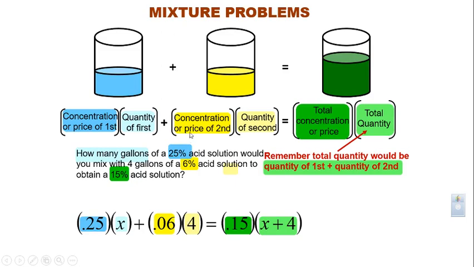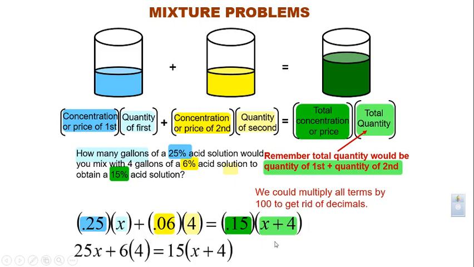So you multiply 0.06 by 4. And then that will tell you the amount of pure substance in the first mixture plus the amount of pure substance in the second mixture. And that should be the amount of pure substance in the combined mixture, which is 15% concentration. And the volume is the amount that you had with both original amounts put together.